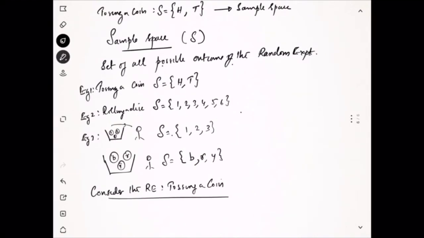Now in the random experiment of tossing a coin, we have the sample space as either head or tail. So we know that the sample space is either head or tail.